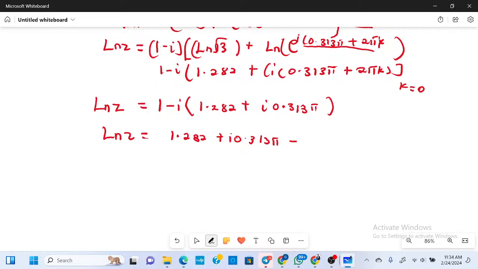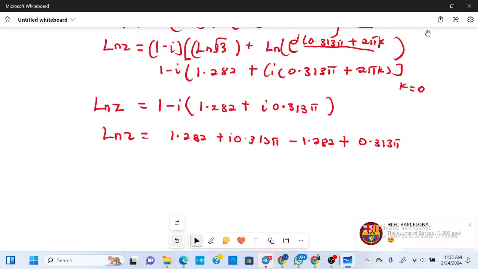Then minus i times 1.282, then minus i times i 0.313 pi will give me plus 0.313 pi. Sorry, at this point I should have introduced the i, so let me remove my cancellation.